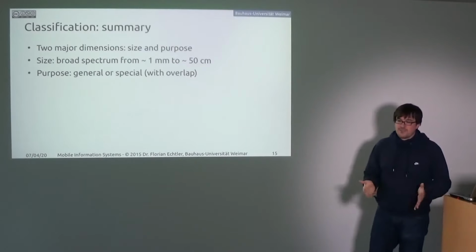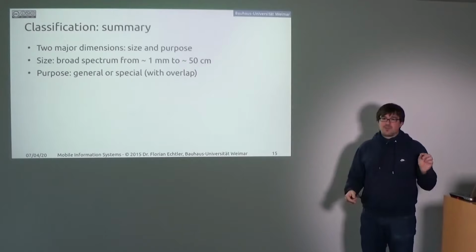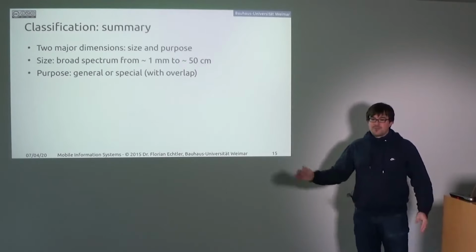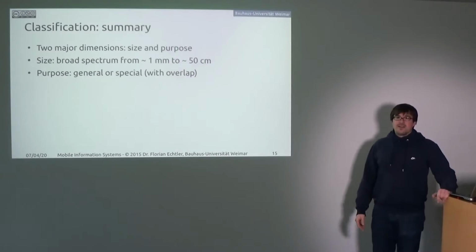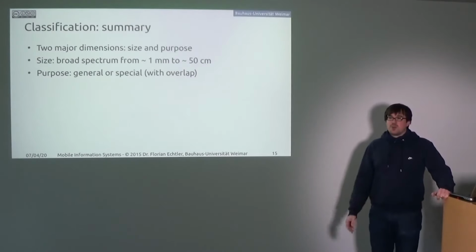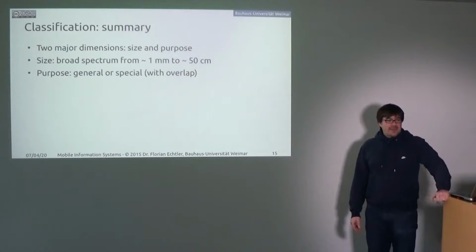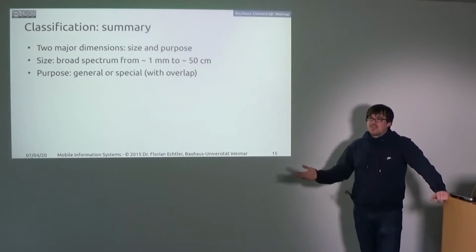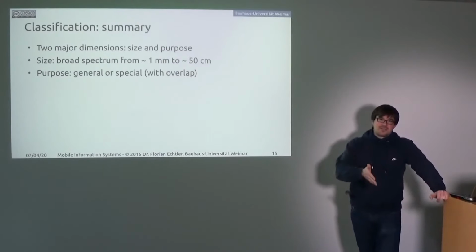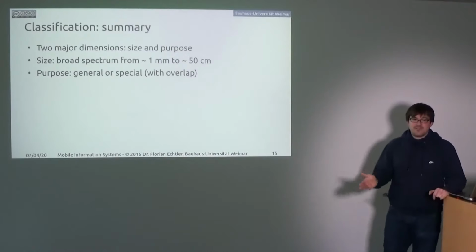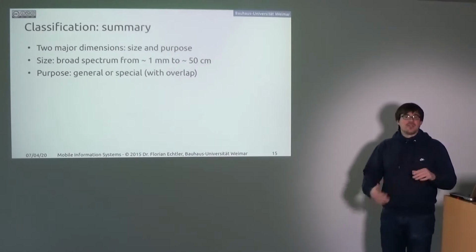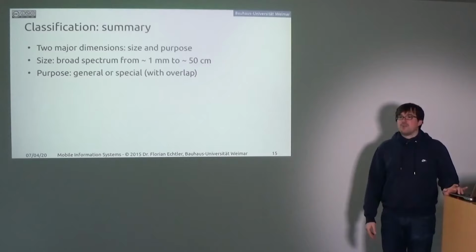For the size, we have a very large range, somewhere between 1 millimeter for the chip in a SIM card and probably 50 centimeters for a high-end laptop with big screen and so on. And we have the other dimension of looking into whether it's a general or a special purpose device. And of course, there's also a bit of overlap here. It's not quite binary. All right.